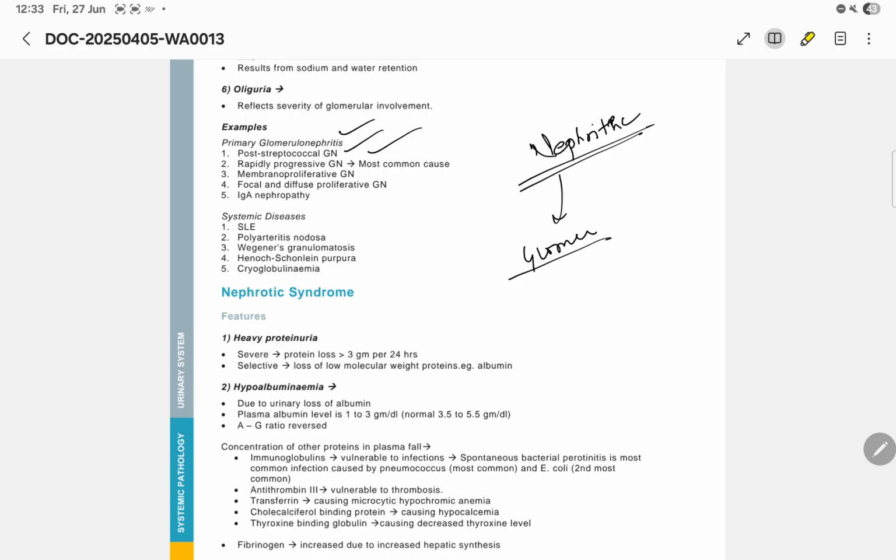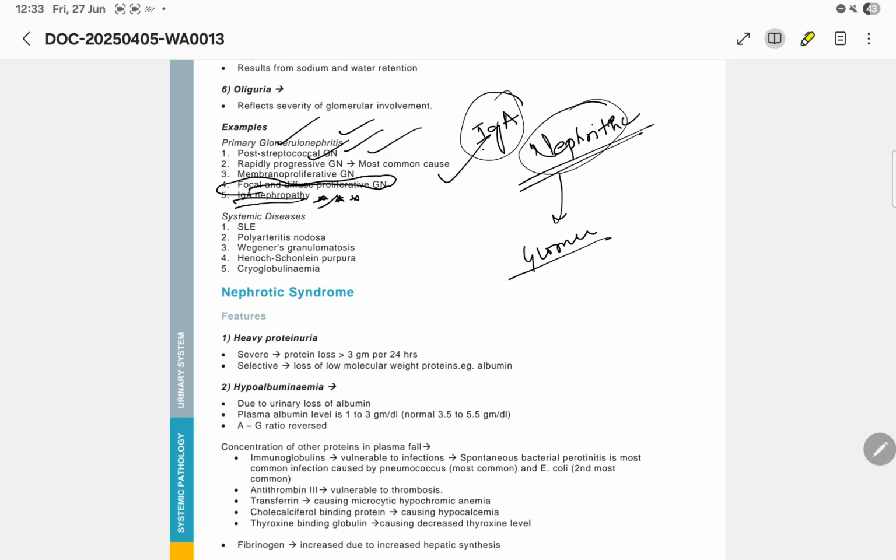What kind of glomerulonephritis do we have? One is post-streptococcal glomerulonephritis, another is rapidly progressive glomerulonephritis, then focal and diffuse glomerulonephritis, and IgA nephropathy. This is an additive point, I guess. Nephritic doesn't have an A, so IgA.